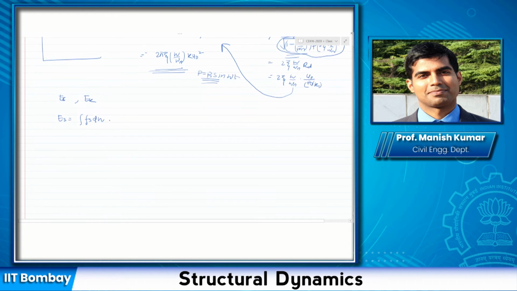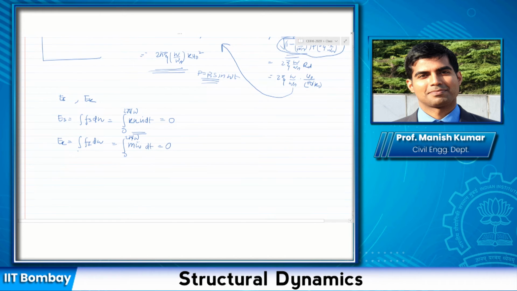You know that Fs is K times u and du is u dot times dt. Again, substitute the same expression and you will see in a cycle of motion this is equal to 0. Similarly, kinetic energy is nothing but inertia force times du, which you can write as m u double dot times dt, and this goes to again 0.